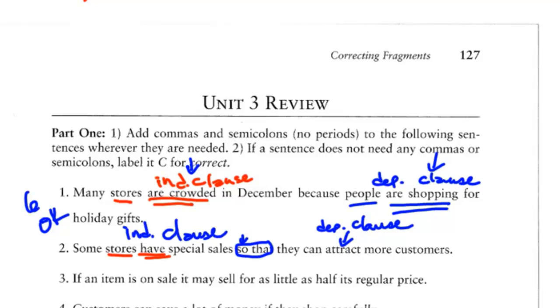Stores have, and they can attract. Since it's an independent clause followed by a dependent clause, this is still going to be pattern number 6, and it's also still okay. Now, if I had removed the word that, then so would be connecting two complete sentences, and I would want to have put a comma after sales. But here I've got so that rather than just so.